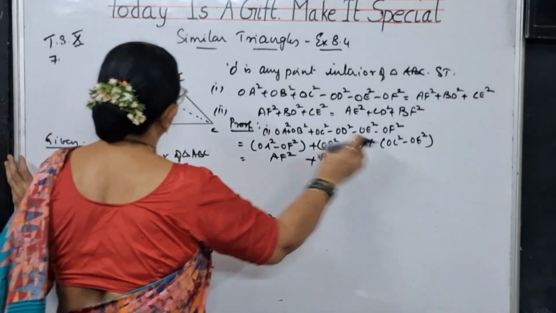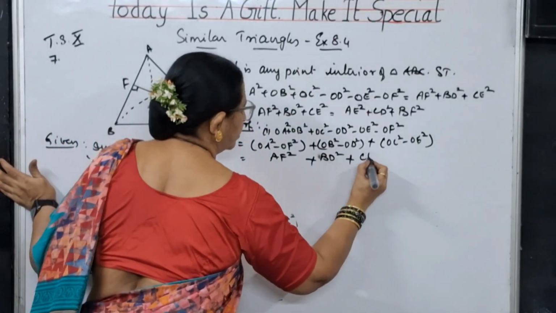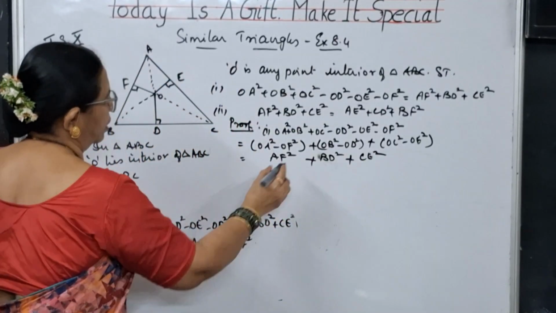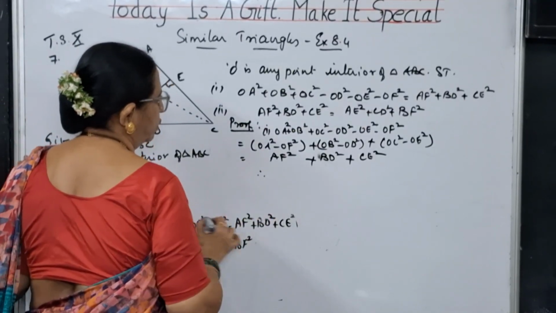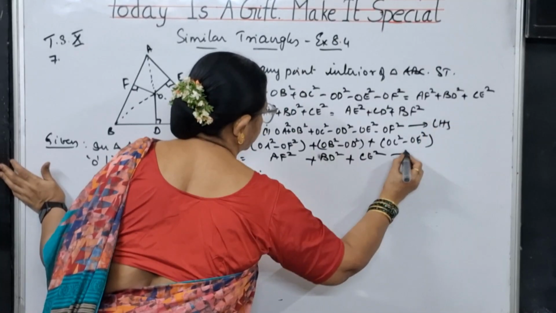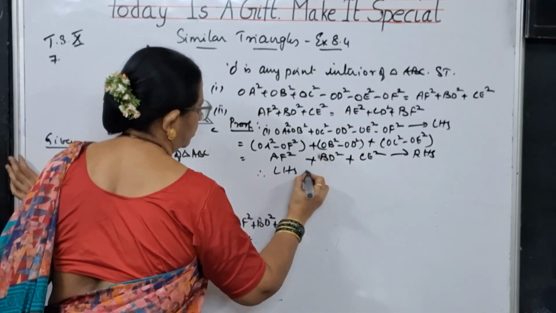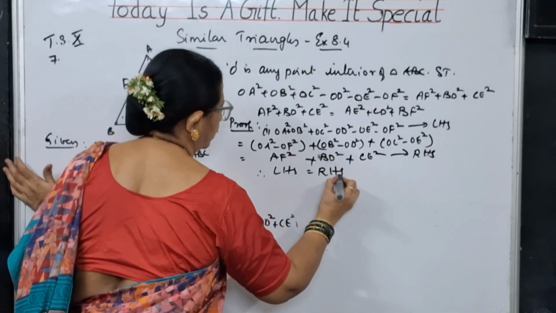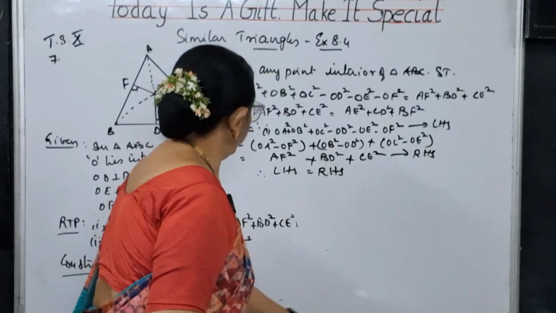We have got OC square minus OE square is nothing but CE square. So this is RHS, no? So we will be saying that therefore this, if you take it as LHS, this becomes RHS. Therefore LHS is equal to RHS. So this is the proof for the first bit, children.